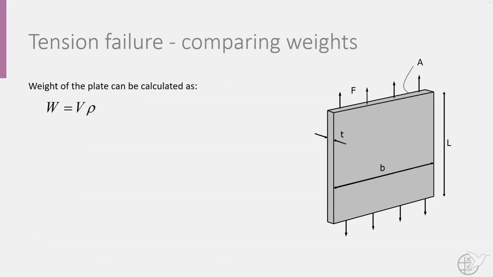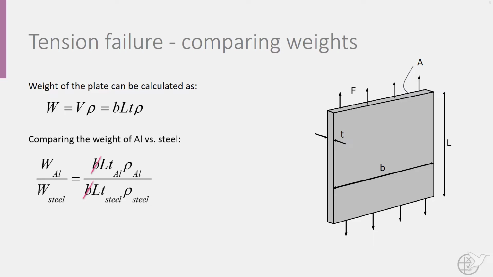So let's compare these weights. Weight is simply volume multiplied by density. So for our flat plate, weight would be equal to the width times the length times the thickness times the density. If we compare the weight of the aluminum to the weight of the steel, we would get the following expression.